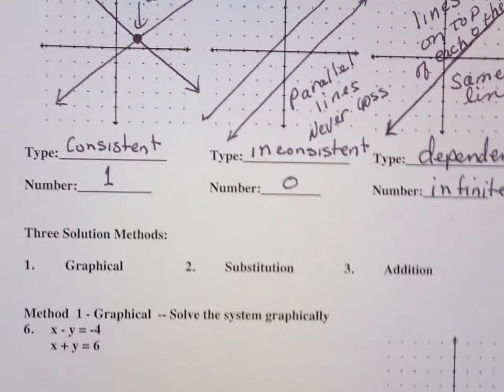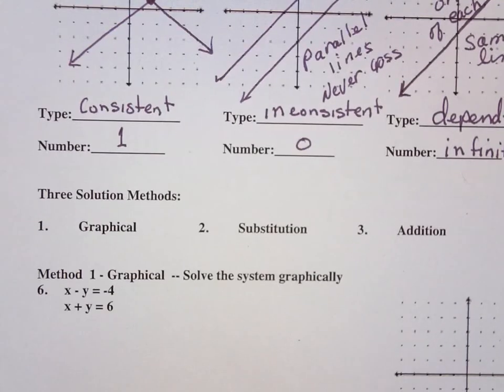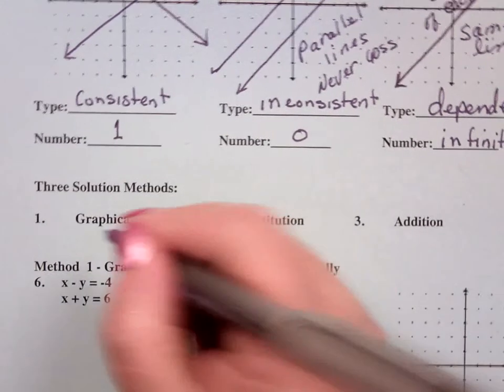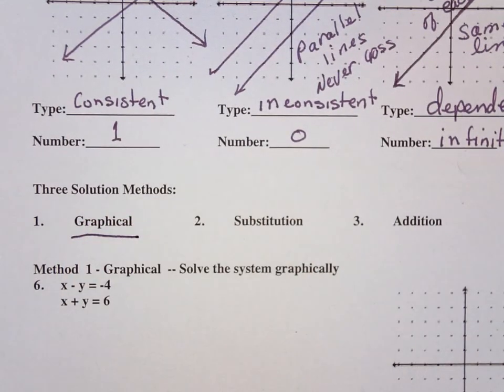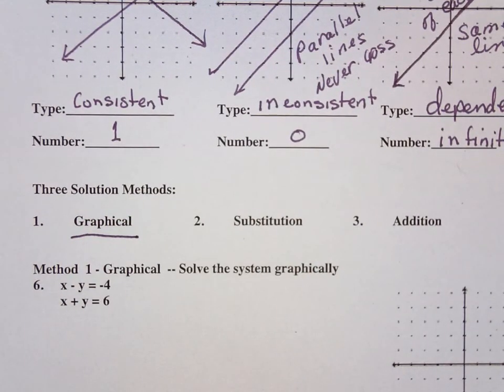There are three methods of solutions. One is graphical, and that's what we're going to investigate today. It's a graphical solution to the system. It is the least good way of getting a solution, because if your solution is like 2 1/3 and 1/2, how do you know?